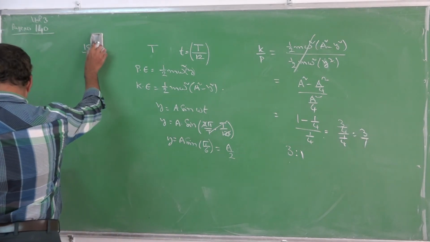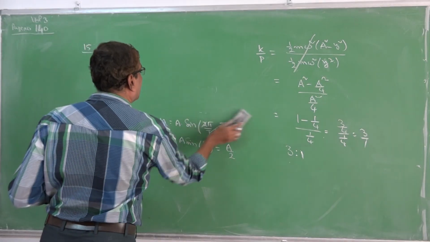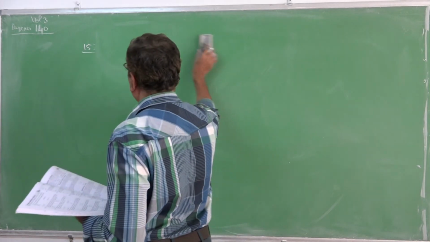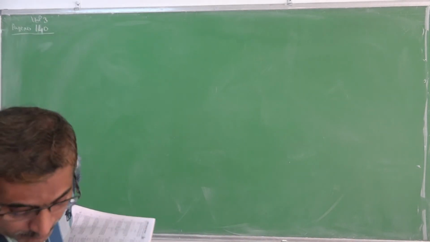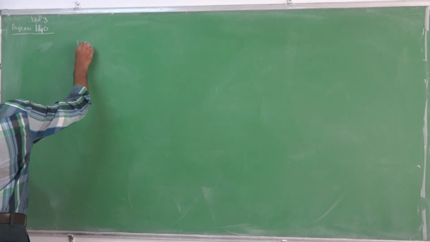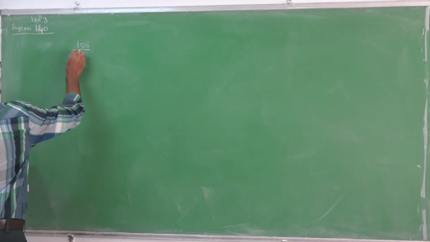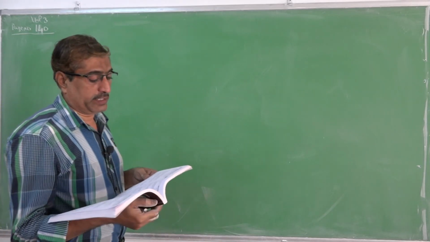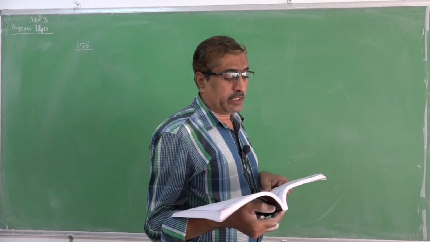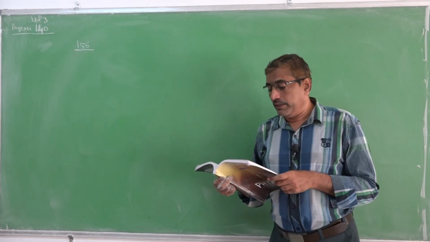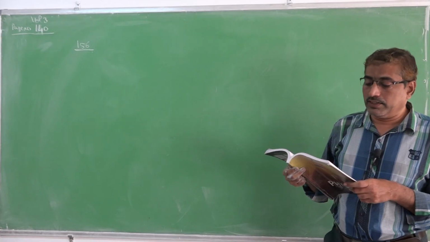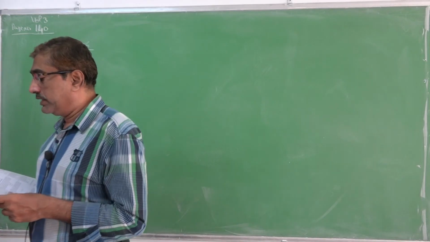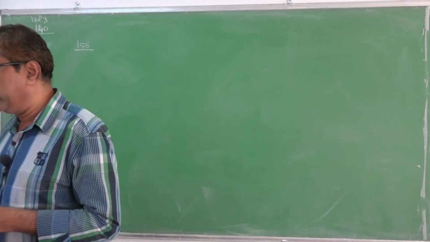156. The amplitude of oscillation of a particle in SHM is √3 centimeter.